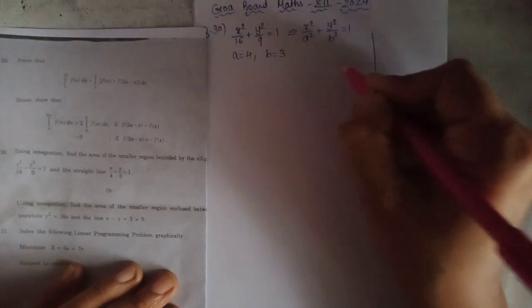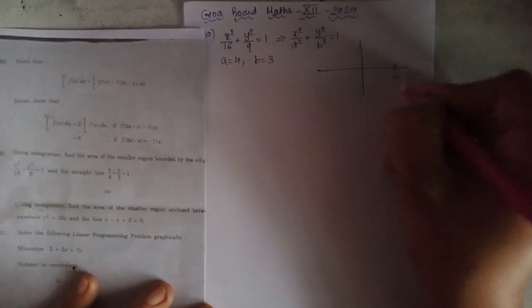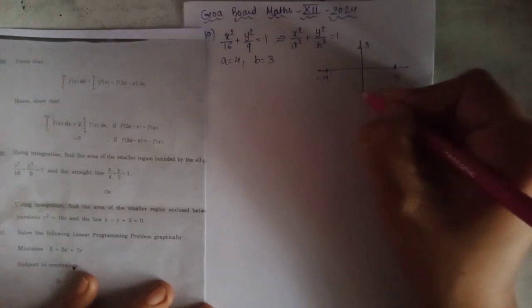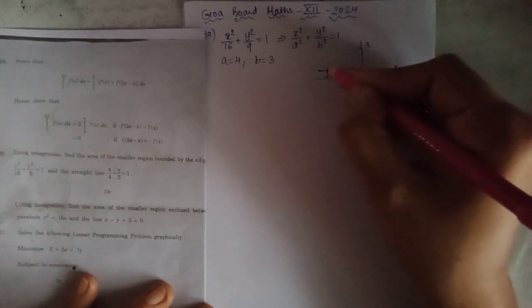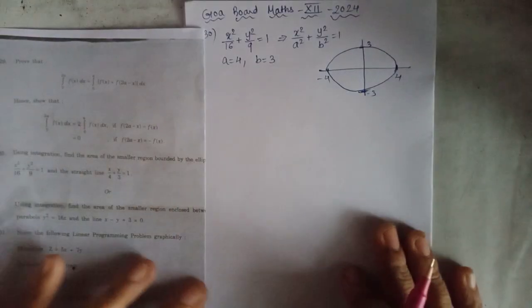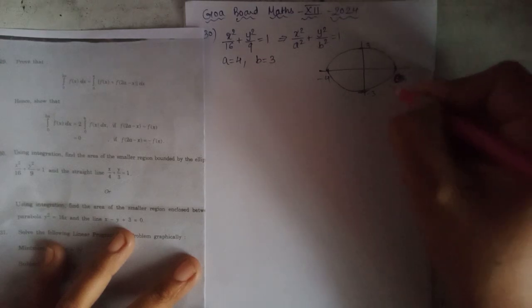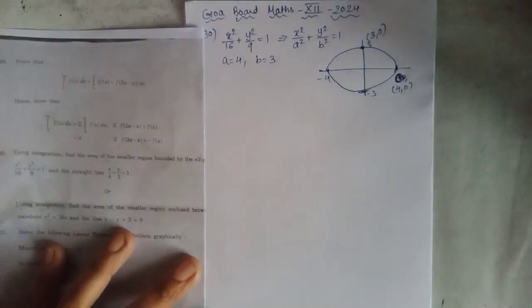So this ellipse will be of this form, with 4 and 3 marked, so the points are 4 comma 0 and 0 comma 3.